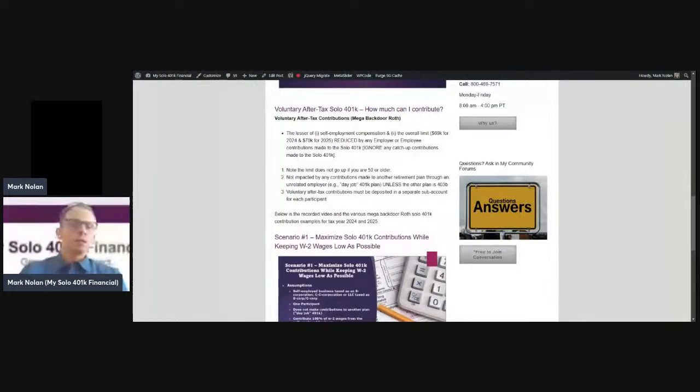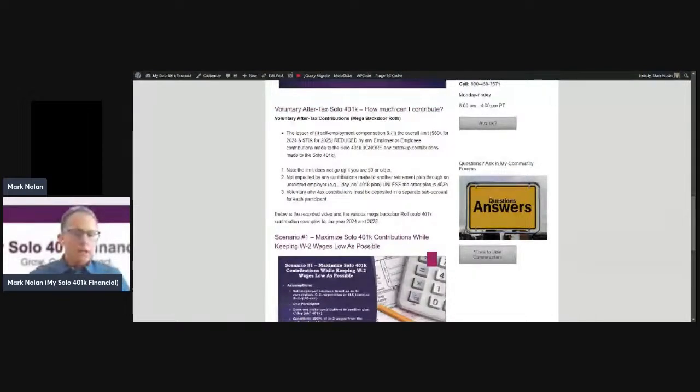You're going to want to reduce those amounts by any employee or employer contributions that you make to the solo 401k. In short, the overall limit is $69,000 for 2024, and for 2025, it's $70,000. So you cannot go over those amounts when making voluntary after-tax solo 401k contributions for those particular years.